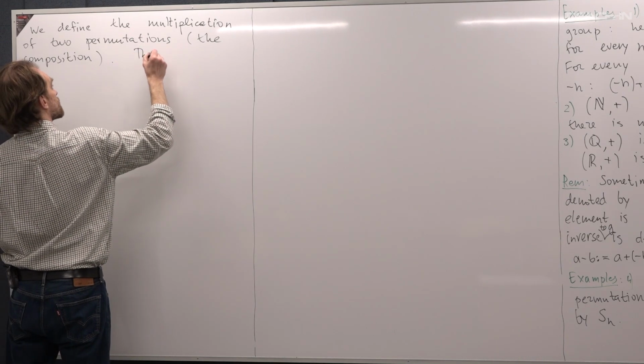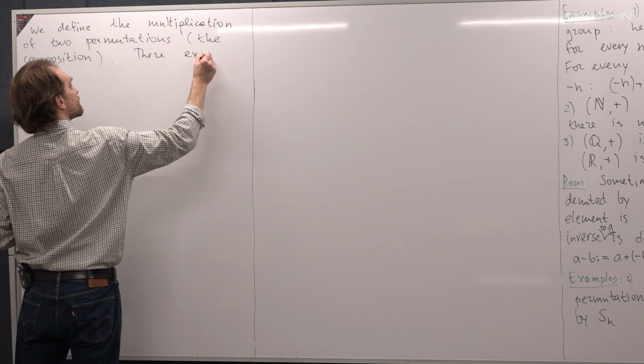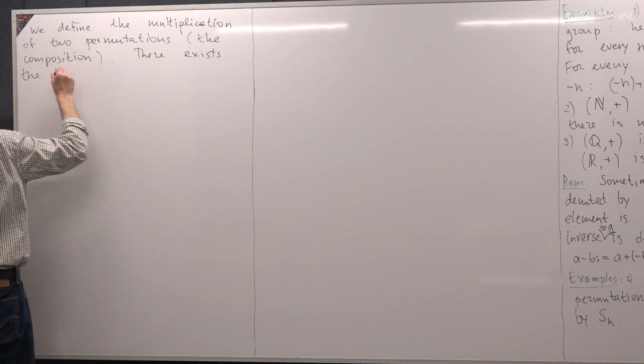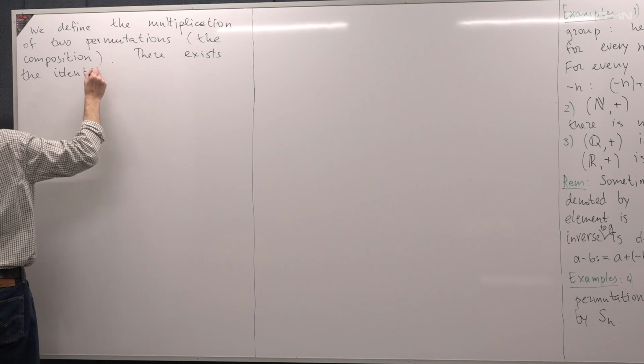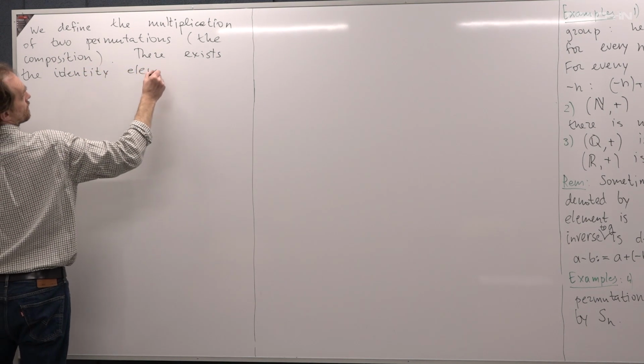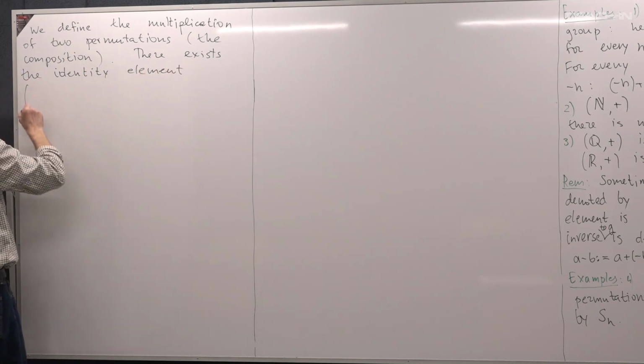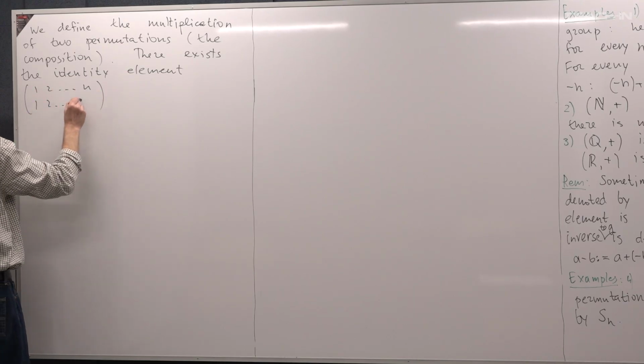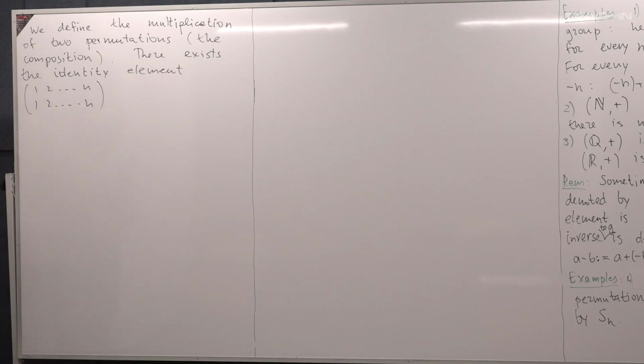Then there exists the identity element, so this is the permutation that leaves all the elements where they were.